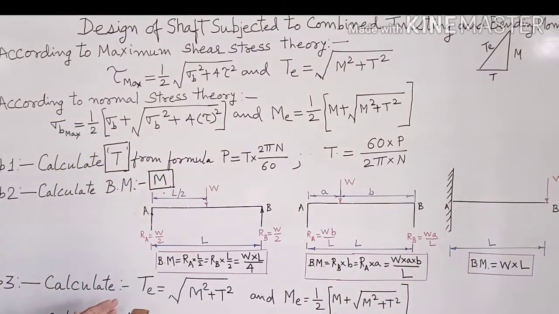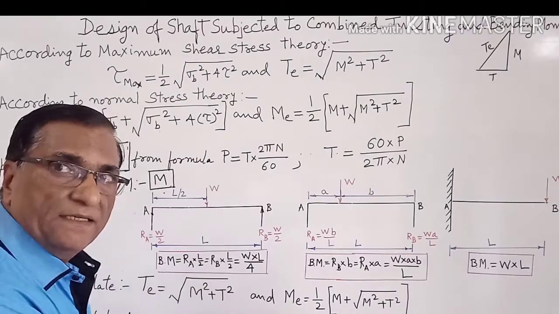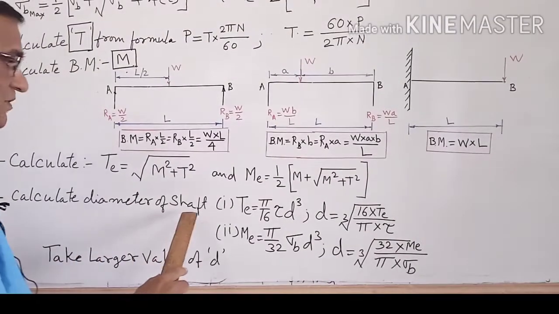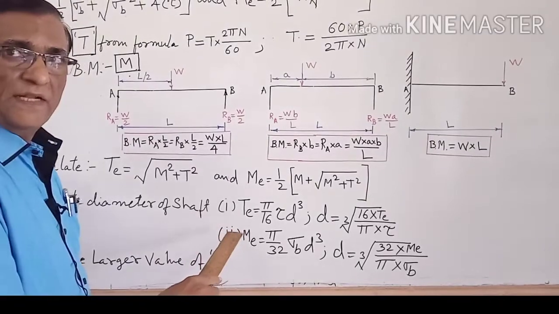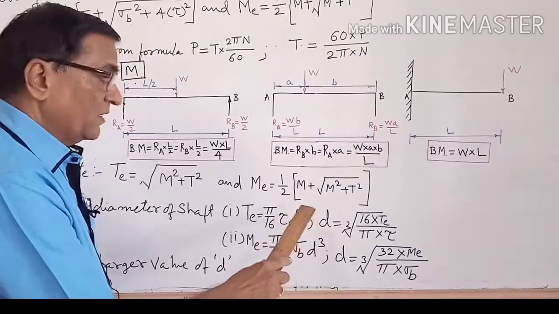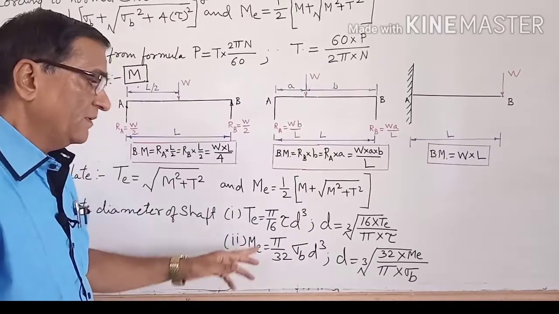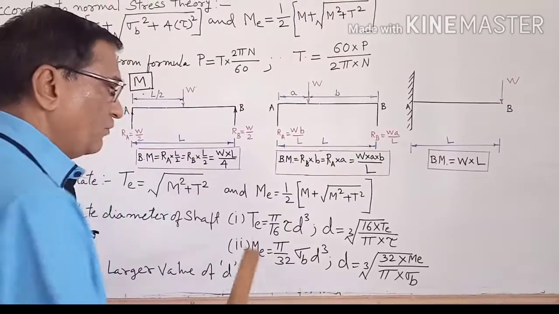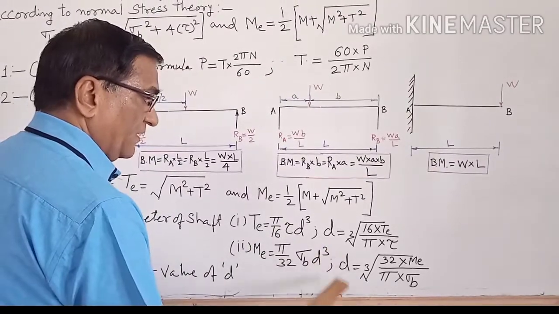After calculating the equivalent torque and equivalent bending moment, we will calculate the diameter of the shaft by equating the equivalent torque to pi by 16 tau d cube, and the equivalent bending moment to pi by 32 sigma b d cube. From this we will calculate the diameter.